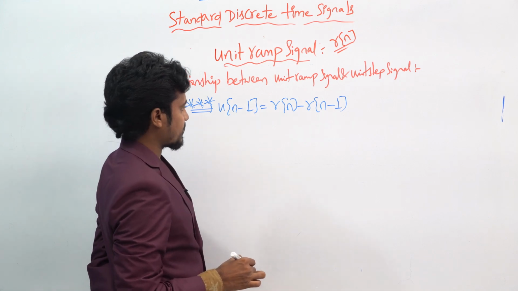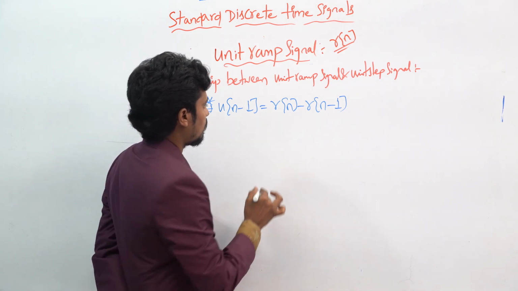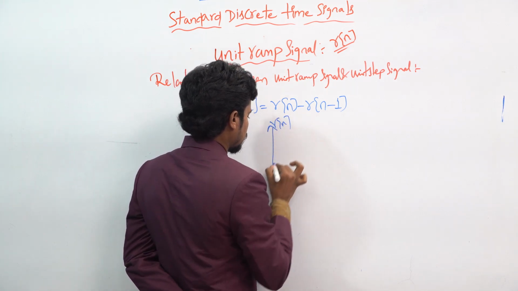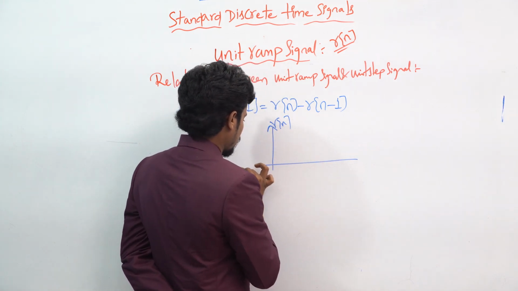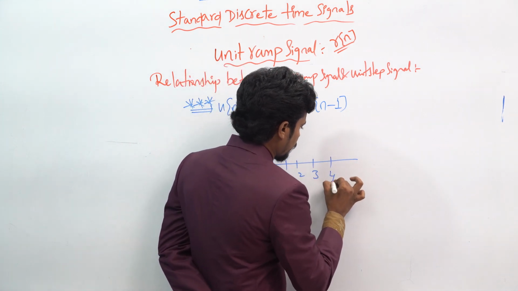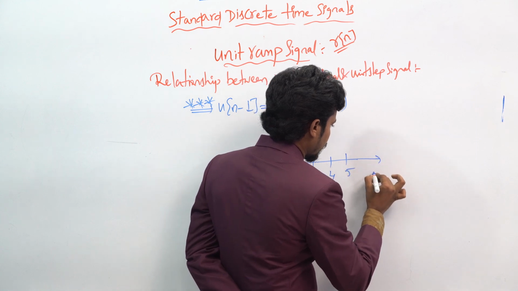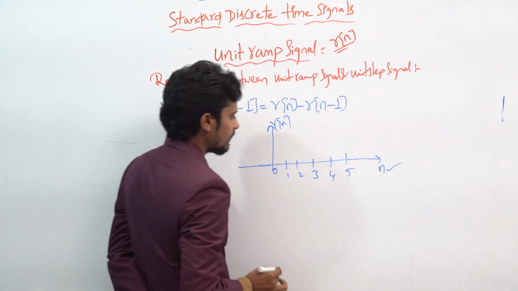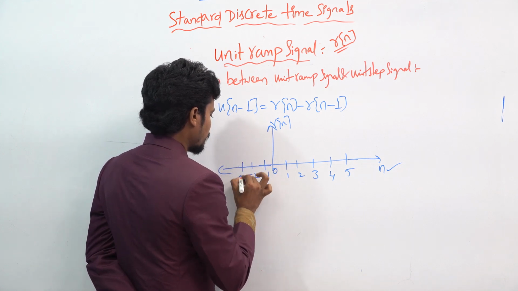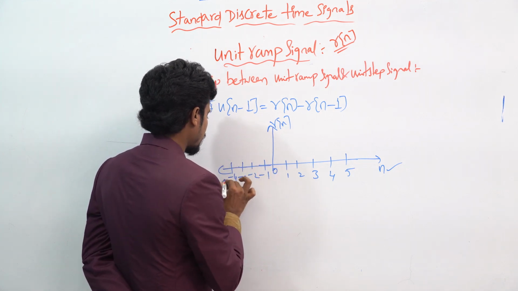Let's see the plot for this. So this will be r of n. This will be 0, 1, 2, 3, 4, 5, and here the independent variable will be n. Here this will be -1, -2, -3, -4 and so on.